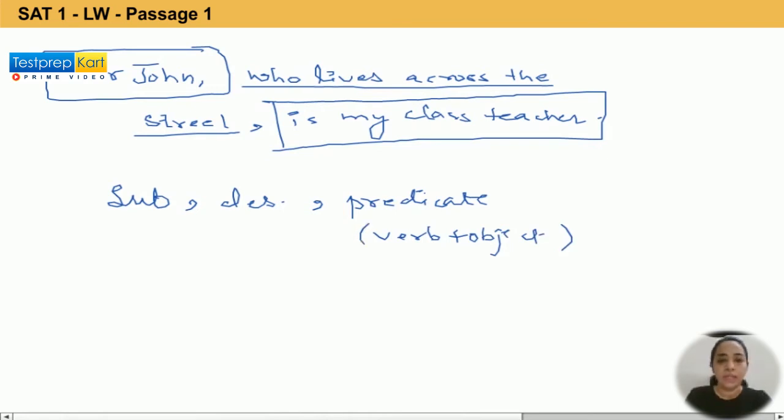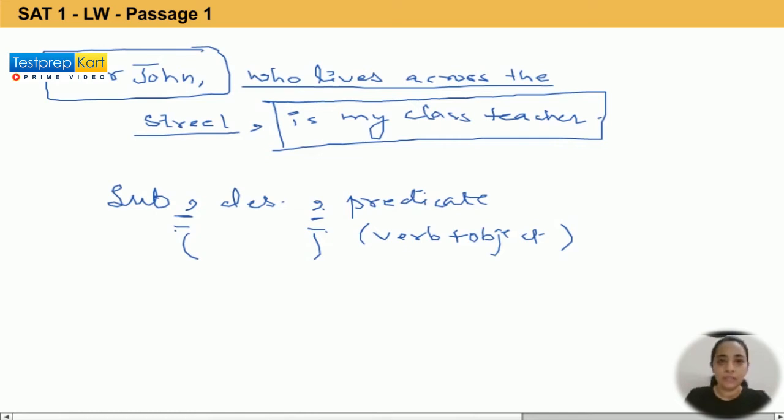Now, as per rule, this description should start with a comma and end with a comma, or start with a dash and end with a dash. Or sometimes we can put the description in two brackets. So starting bracket, ending bracket. We can't have something like missing one part and having the other, right?